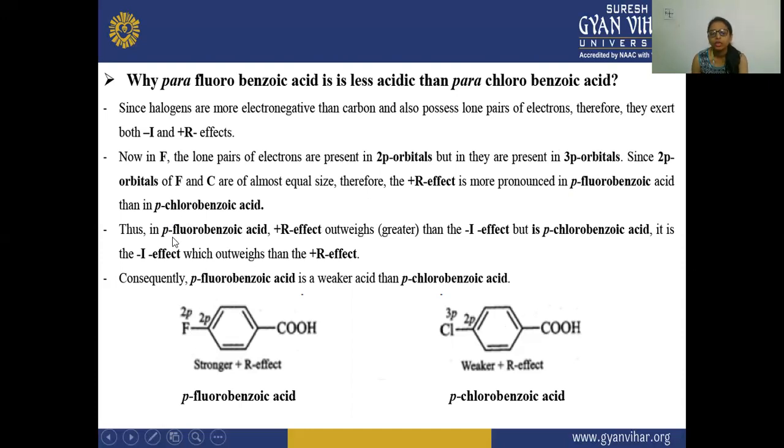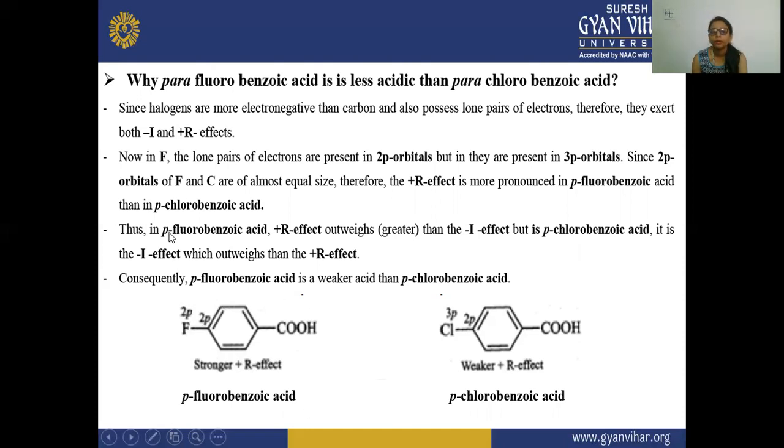That is why, since the 2p orbitals of fluorine and carbon are almost the same size, the plus R effect is more pronounced in fluoro compared to chloro.